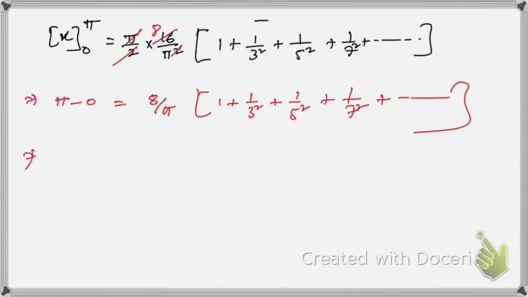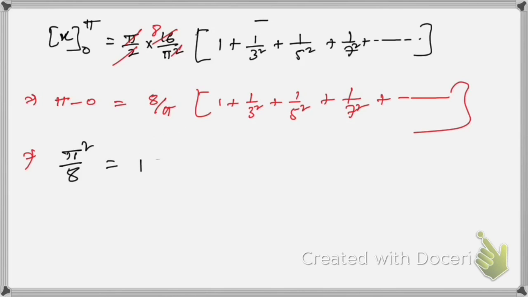If you multiply both sides by pi by 8, then you're going to get pi square by 8 on this side, and on the other side 8 by pi and pi by 8 will cancel. So hope you have understood this.